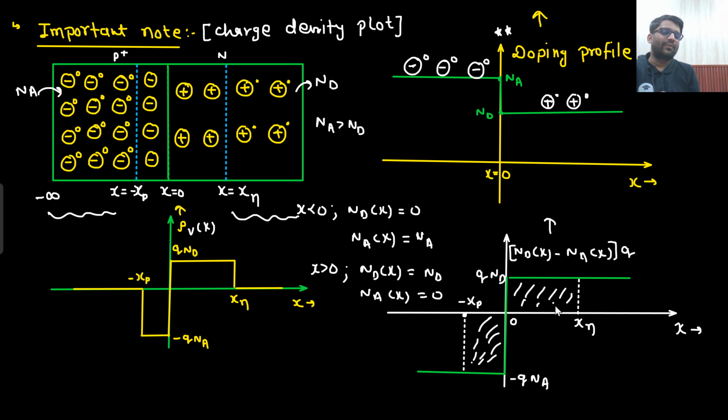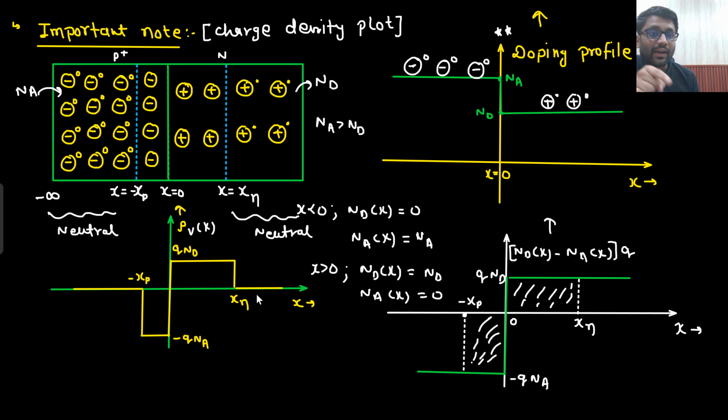Rest all is not a matter of concern. Is that understandable to you, what I am saying? Because negative charge and effective positive charge, I will be getting only over this much distance. From xn to infinity, I am not getting any positive charge or negative charge because it is neutral. And this particular side is also neutral.